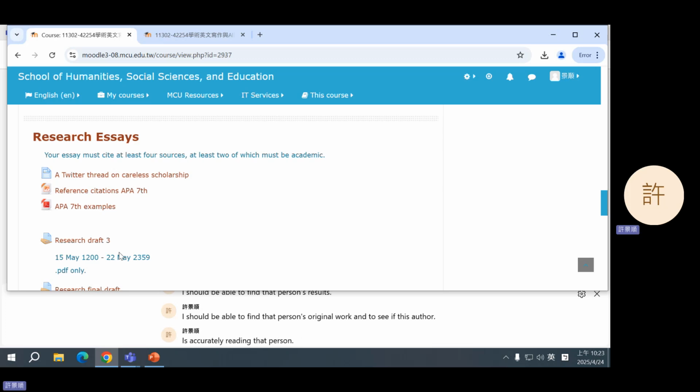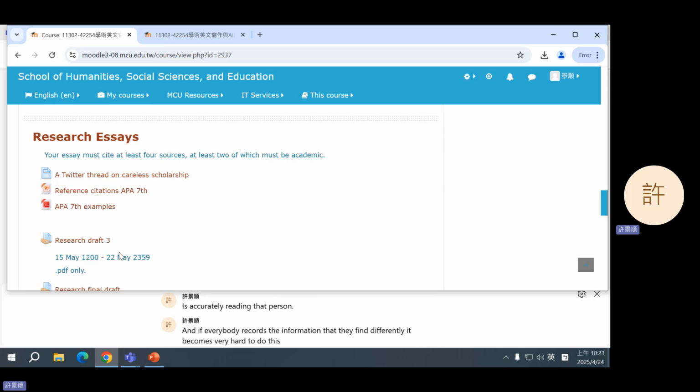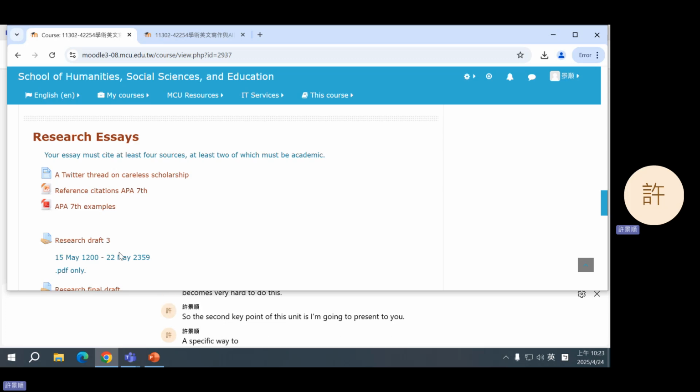And if everybody records the information that they find differently, it becomes very hard to do this. So the second key point of this unit is I'm going to present to you a specific way to record this information.